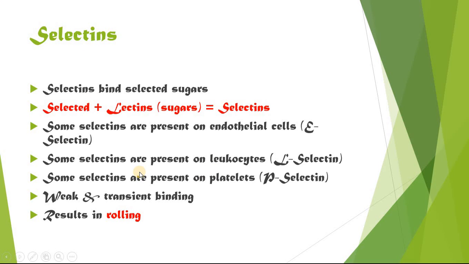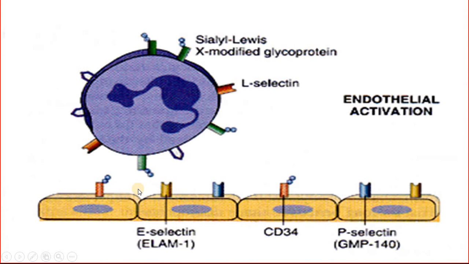Selectins. You know the various types of selectin: E-selectin, L-selectin, and P-selectin, all responsible for rolling. L on the leukocyte, E on the endothelium, and P on platelets.